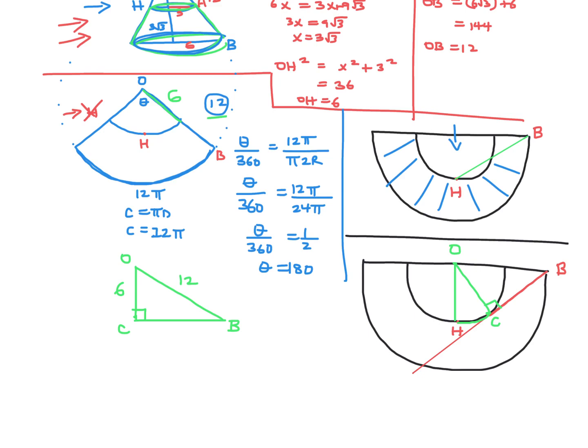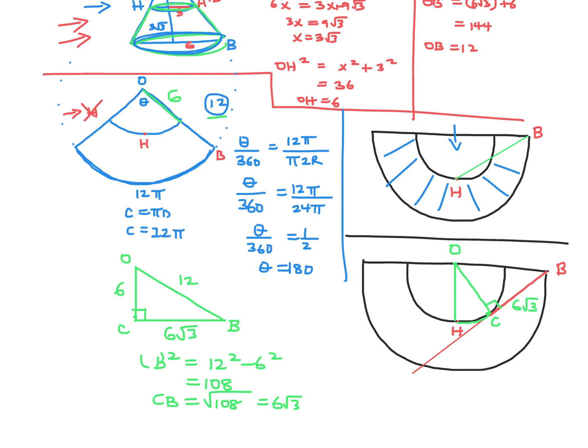Okay. And therefore CB, using Pythagoras, would be 12 squared minus 6 squared, which is 144 minus 36, which is 108. And therefore CB would be the root of that. And I believe that's 6 root 3. Okay, so 6 root 3 is part of our answer.